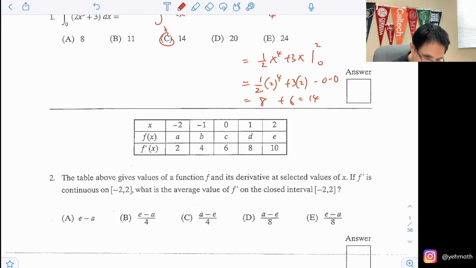Okay, and this is the way I look at the question. The table above gives a function and derivative of selected values of f. If f prime is continuous between -2 and 2, find the average value of f prime on the closed interval.